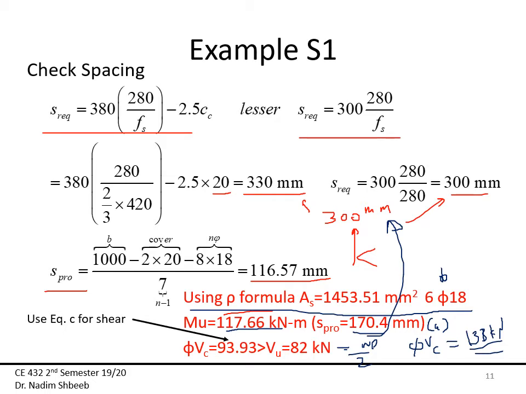But again, according to the shear equation, AV minimum, and that's also new in the code, I need to check equation C. Okay, so I did, and I calculated phi VC according to equation C, and it was 93.93 kilonewton, which is still larger than my V ultimate of 82 kilonewton, so I really don't need to use any shear reinforcement.